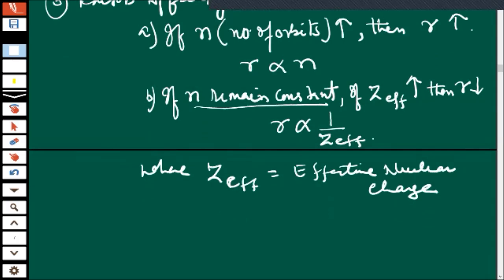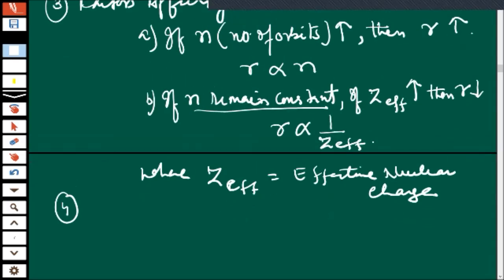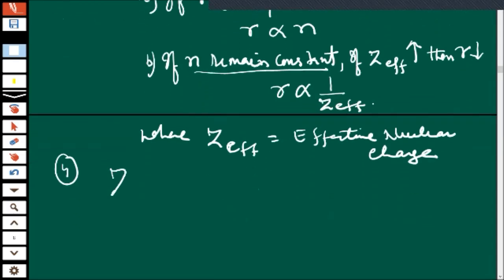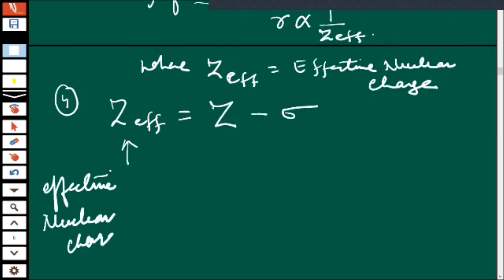So, and you know the formula how this ZEFF is calculated. ZEFF, okay, is calculated in this manner: Z minus sigma. What is this? So this is effective nuclear charge and this is nuclear charge.